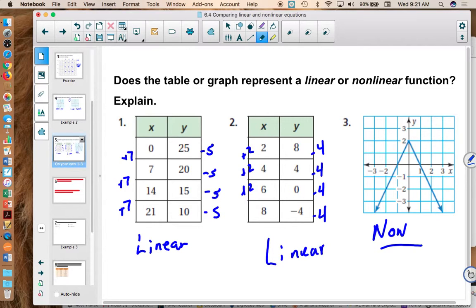How do you feel about comparing linear and non-linear if you have a table? Thumbs up, you got this, thumbs down, or somewhere in between. What about on the visual? Which one do you like better, visual or the table? Visual for sure. That's kind of a given.